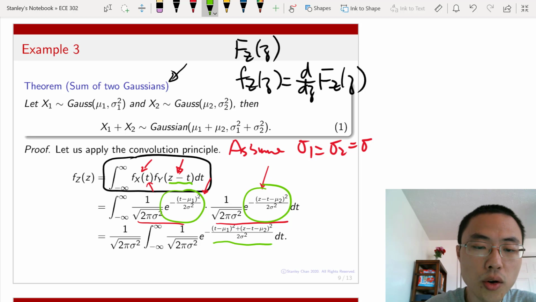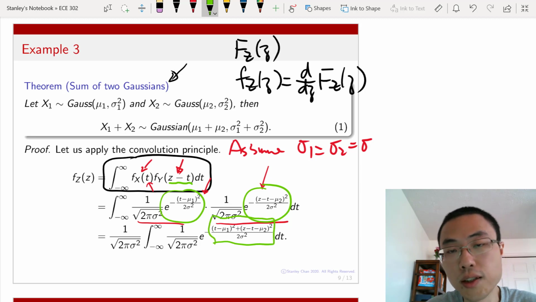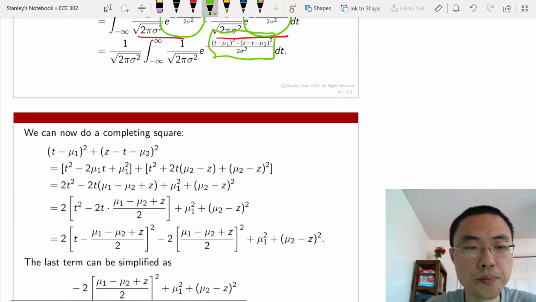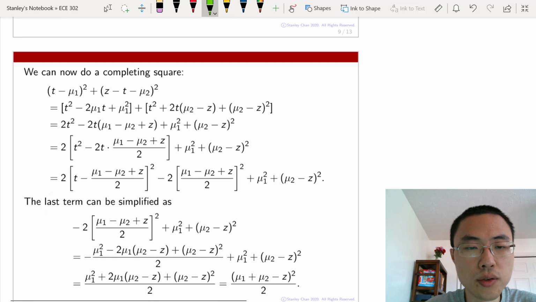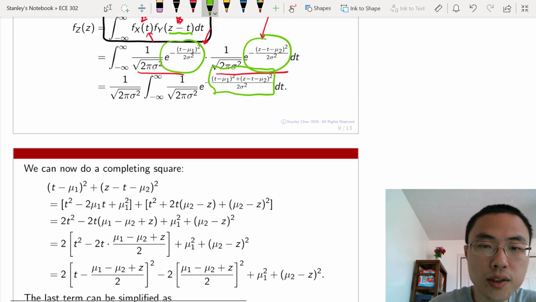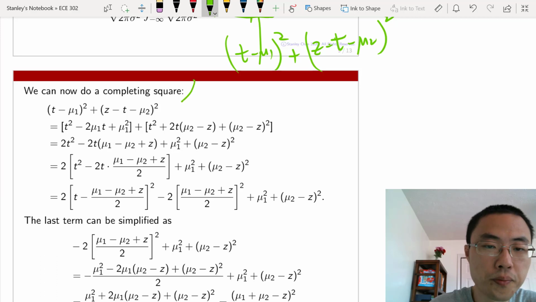So you notice that all the complicated things are going with this integration. So we need to just take care of the things that are living in this exponential. And once we know what it is, then we can do the integration pretty easily. So let's look at the term that we have over here. The thing that we have in this exponential is t minus mu1 squared plus z minus t minus mu2 squared, which is this form.